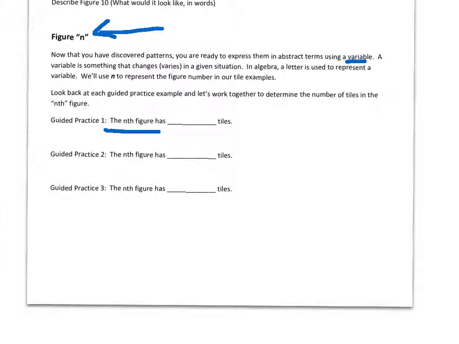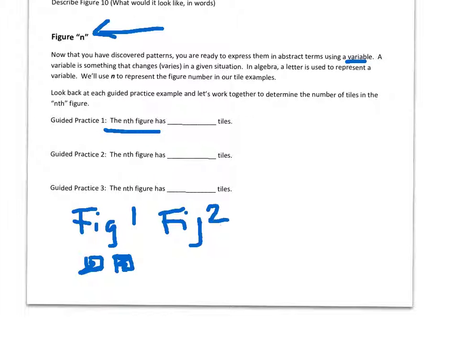figure. And this kind of goes back to what I was saying with if you had a figure number of 1, and you had 2 tiles, and you had a figure number 2 where you had 2 tiles, and a figure number of 3 where you had 3 tiles.